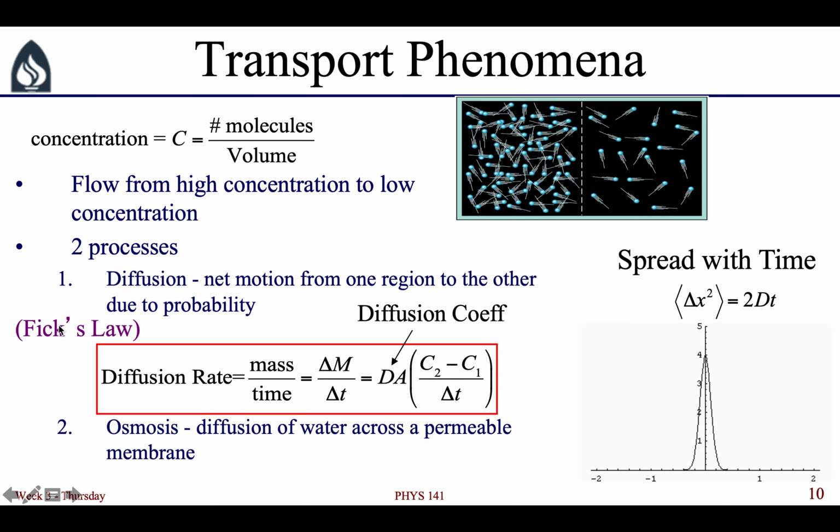So the diffusion rate follows something called Fick's law, and diffusion rate is defined as being the mass per time that goes from one region to the other.